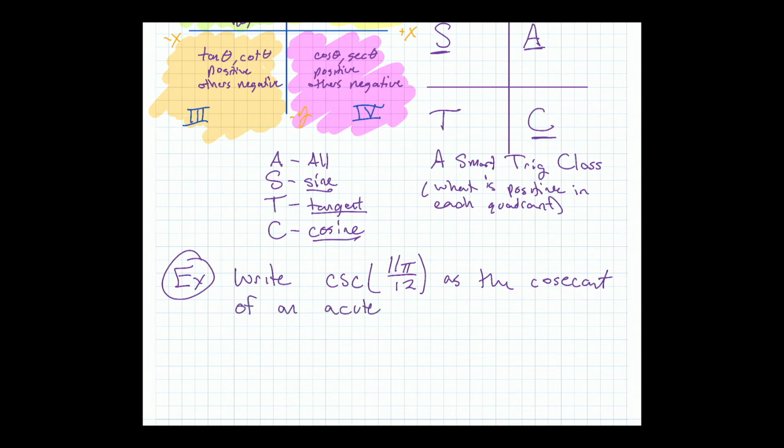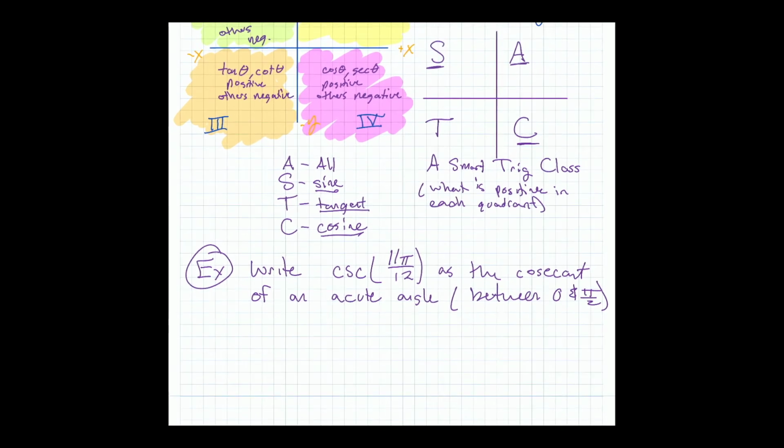And remember, acute just means between 0 and 90 degrees, or, because we're in radians, between 0 and pi over 2. In radians. All right, so let's try to do this.